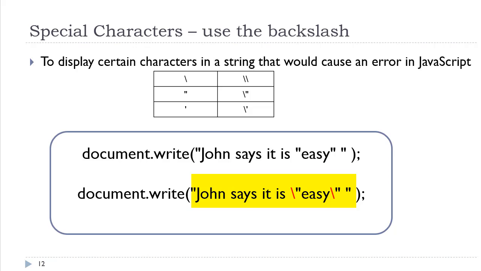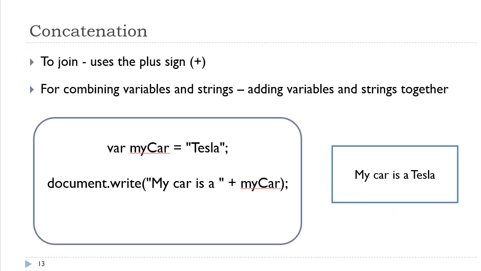In JavaScript, we have this concept of concatenation. To concatenate means to join or combine. Essentially, when we are adding variables and strings together, we need to concatenate them. As you have learned earlier, string data is always enclosed in quotations.